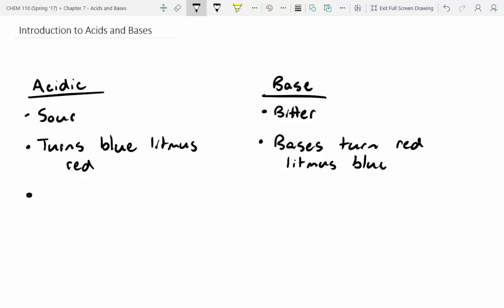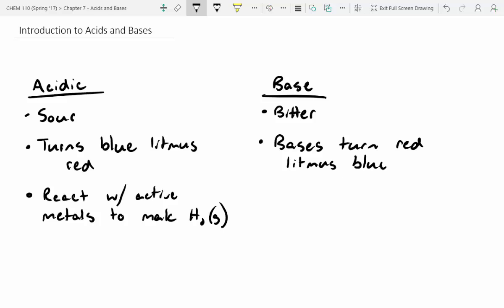So you guys captured the bubbles coming off the metal. Do you remember that? So acids are unique that way. They'll react with active metals to make H2 gas. And we tested that with the match, and that gas made a loud pop noise, right?